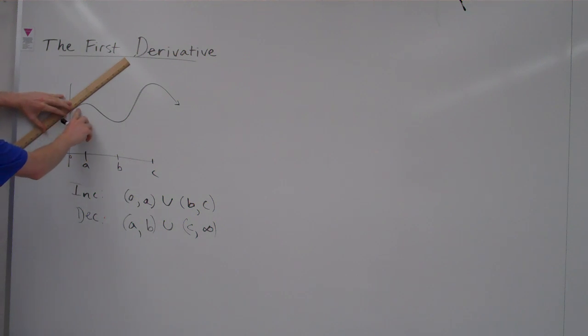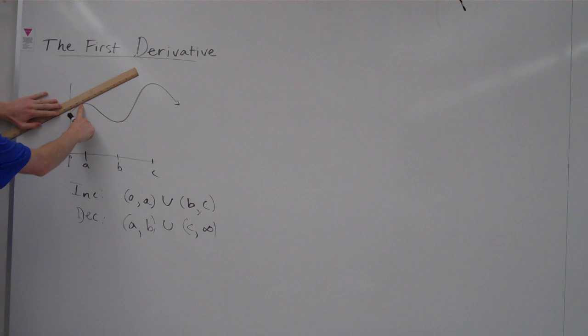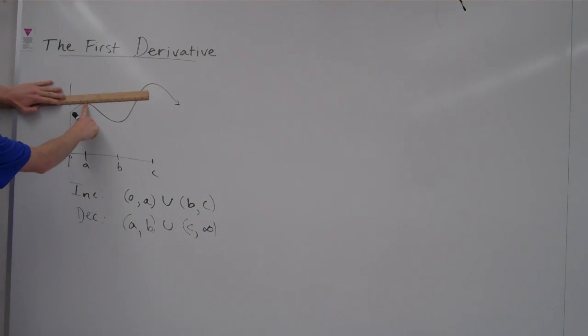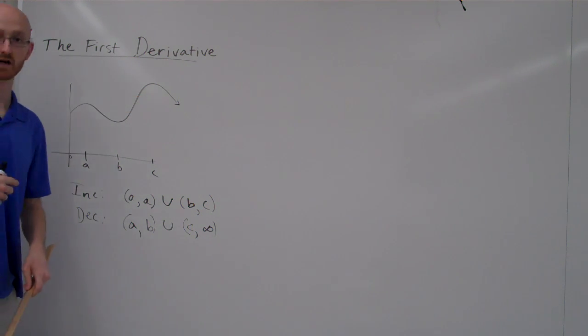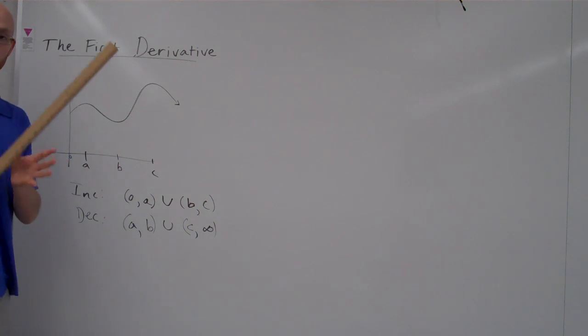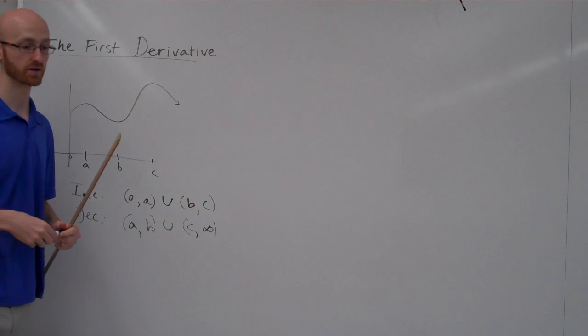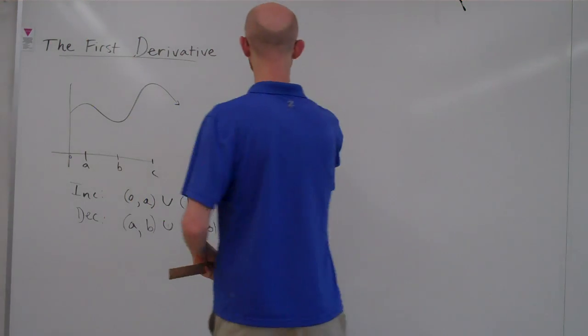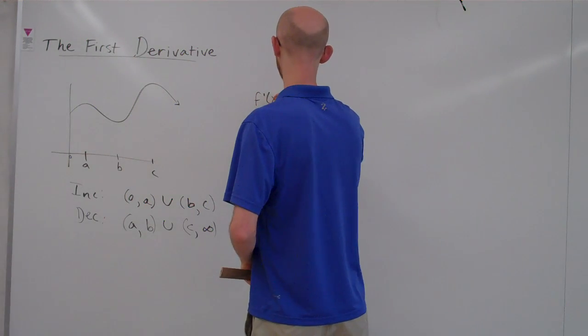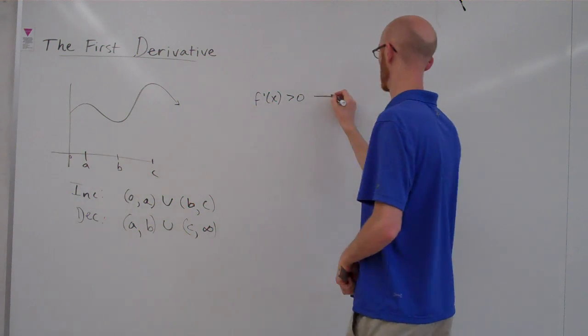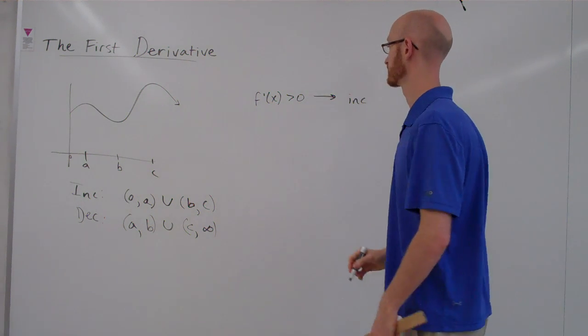Still, I mean, notice I'm tangent to wherever my finger is. Still, my tangent line is uphill, still uphill, until now I've officially hit 0. So what that tells me is a function's increasing when its derivative is heading up, or is positive. So if f prime of x is greater than 0, then that means we're increasing.